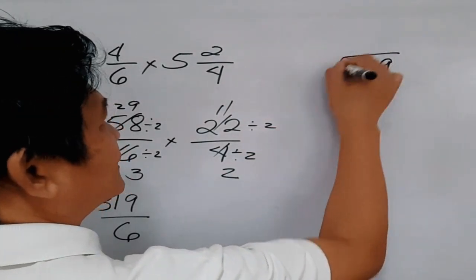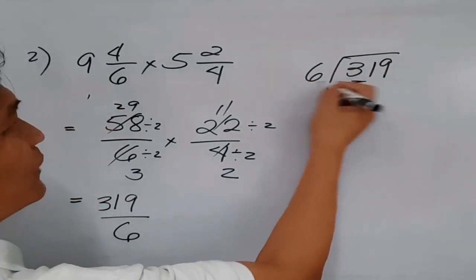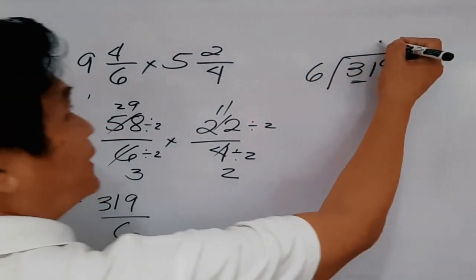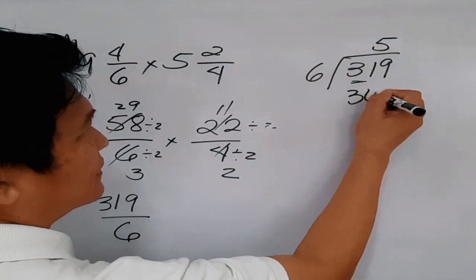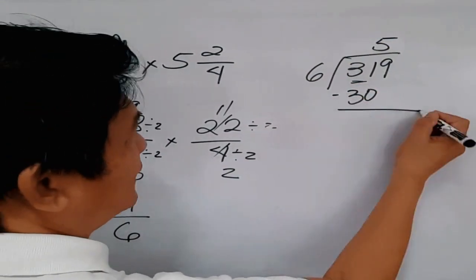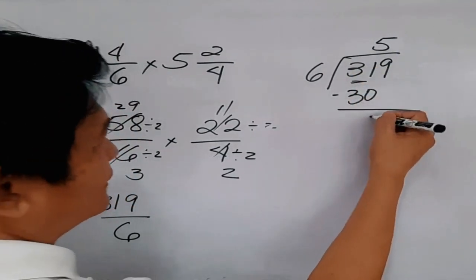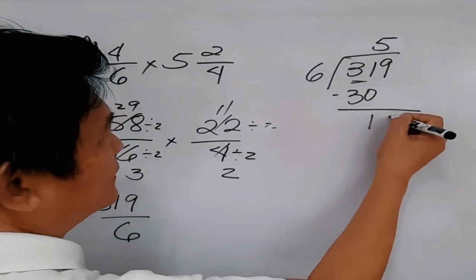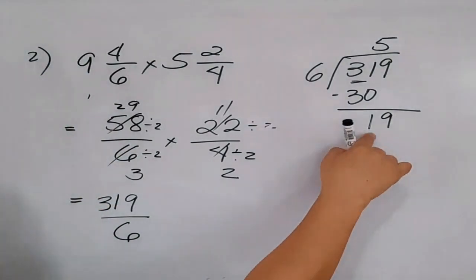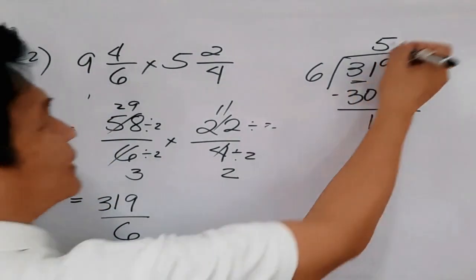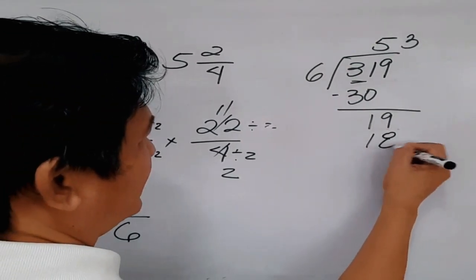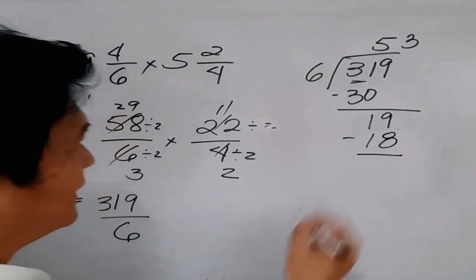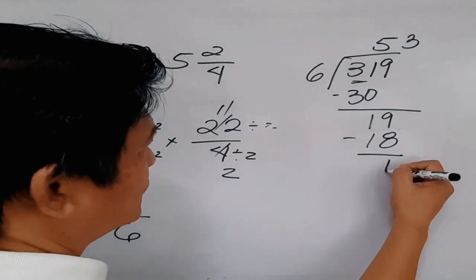319 divided by 6. 31 divided by 6 is 5. 5 times 6 is 30. And then we subtract. So 31 minus 30 is 1. Bring down 9. 19 divided by 6 is 3. 3 times 6 is 18. And then we subtract. 19 minus 18 is 1.